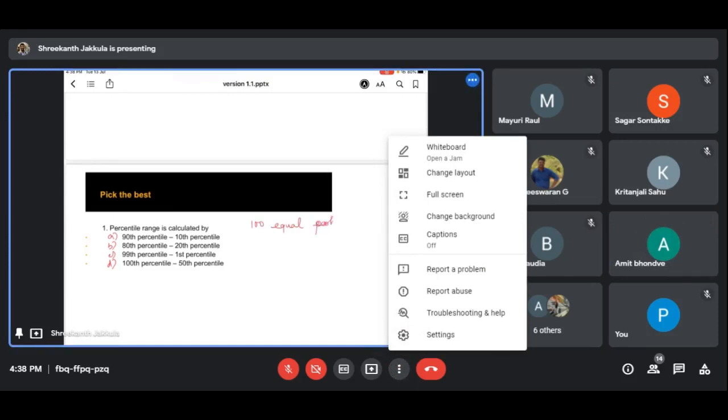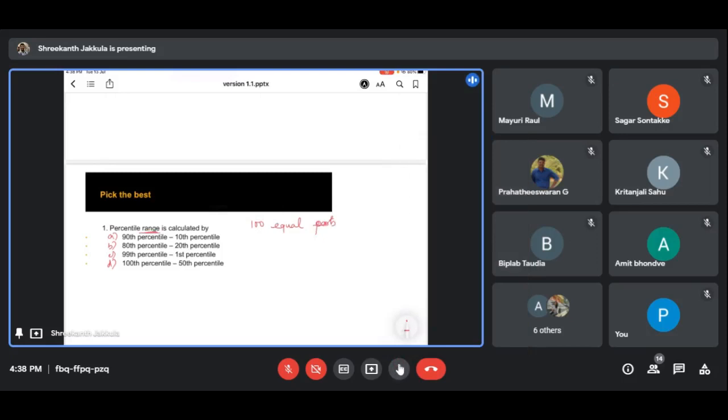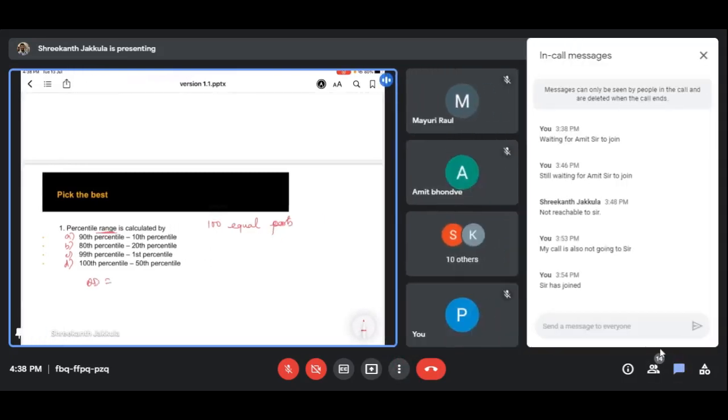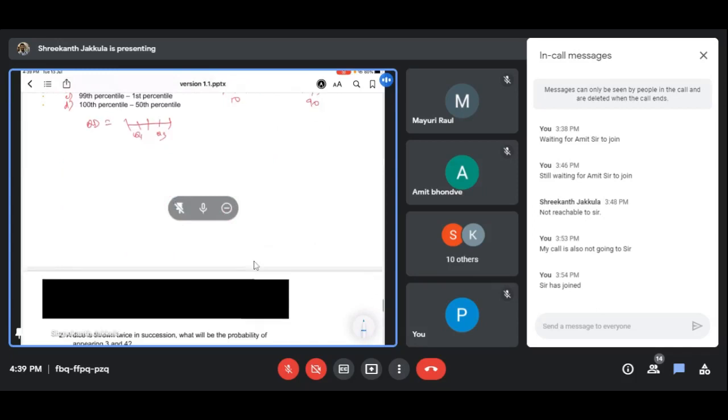So how did we do it for quartile deviation? Q3 minus Q1. Similarly, if you are dividing like this, percentile will have 100 parts, so the last part is the 90th and here the 10th. So the answer will be A: 90th percentile minus 10th percentile. Understood. Next question.